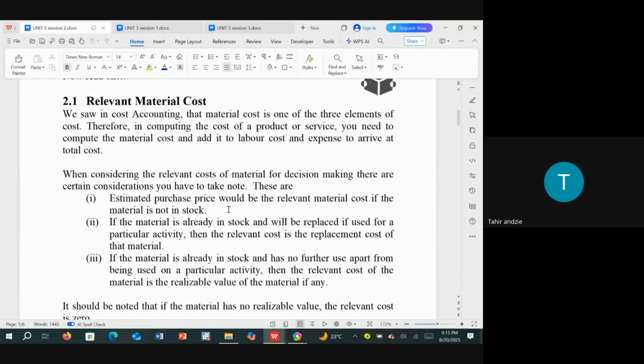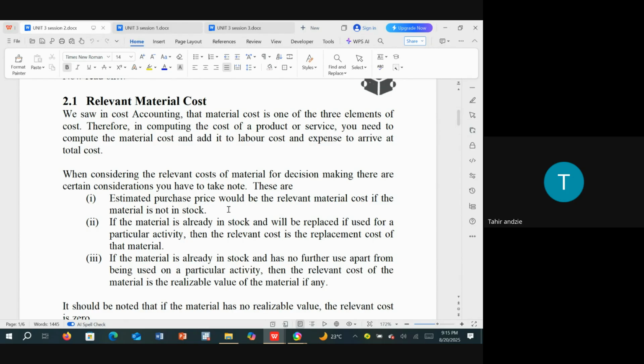Now, if the material is already in stock and will be replaced if used for a particular activity or decision, then the relevant cost is the replacement cost of that material.